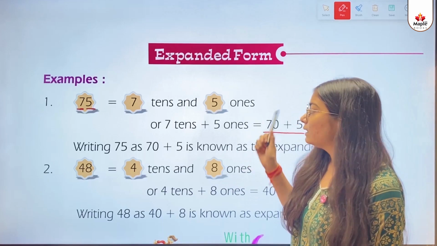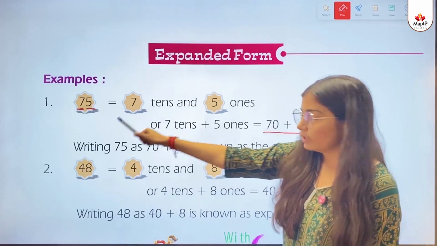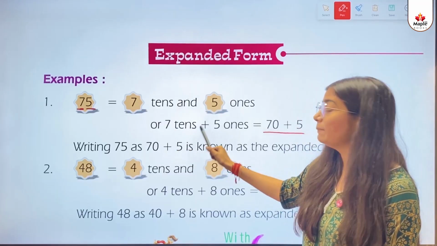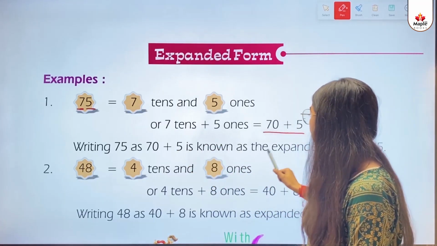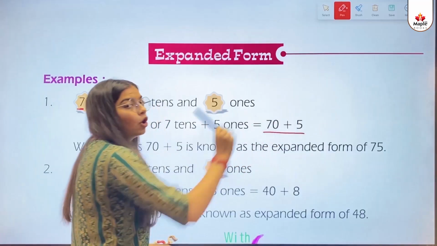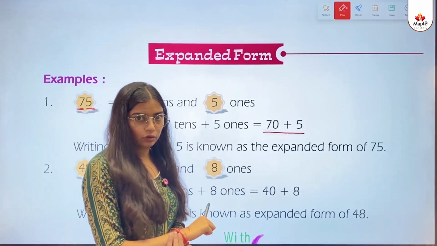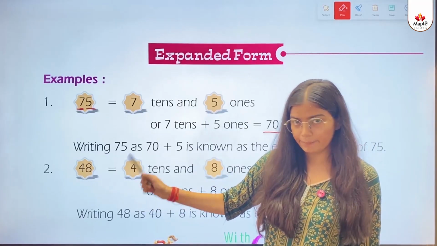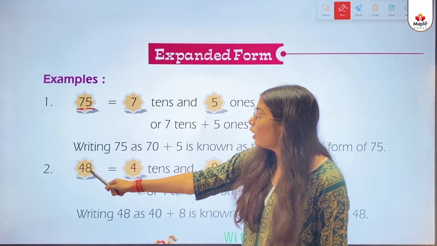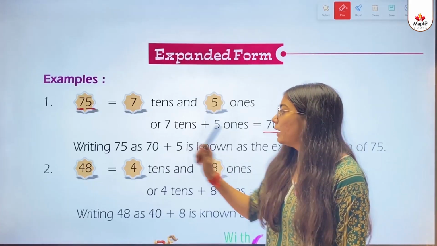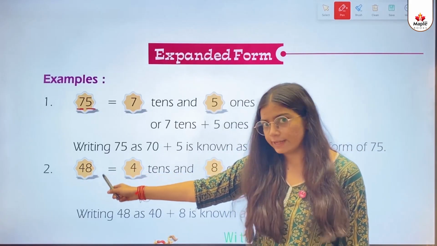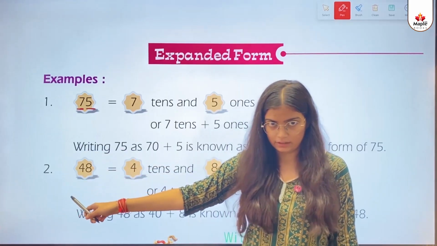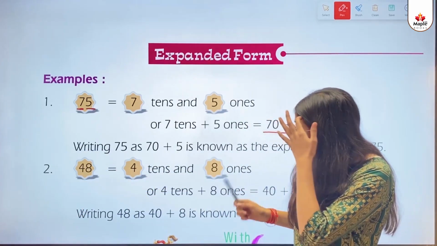Then we'll look at another example. Writing 75 as 70 plus 5 is known as the expanded form of 75. I already told you about this. So kids, we will understand another example. Second, 48. So 8 is on the ones place here and 4 is on the tens place here. Clear? So what is written here?